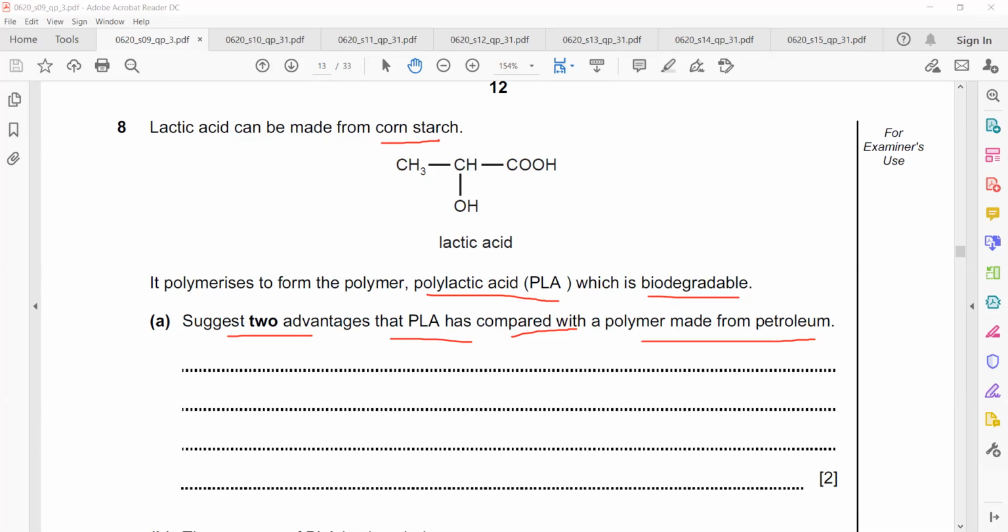But you don't have to mention the release of toxic gases, because it's not about burning. We are relating that with its decomposition. So it breaks down naturally and reduces pollution, visual pollution or landfill sites. And the second thing, it is made from a renewable source, so we can grow it again.